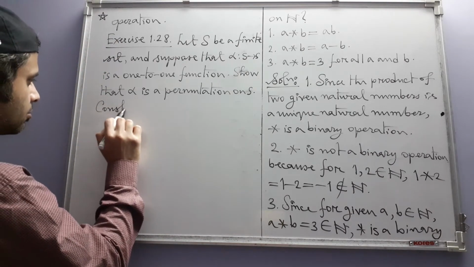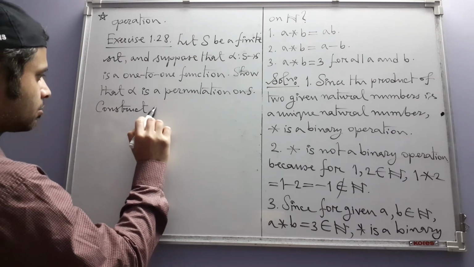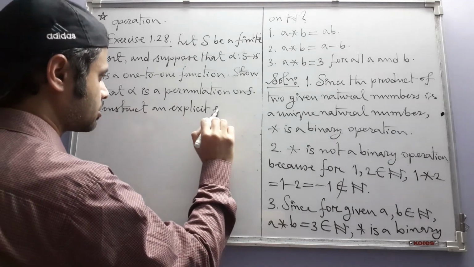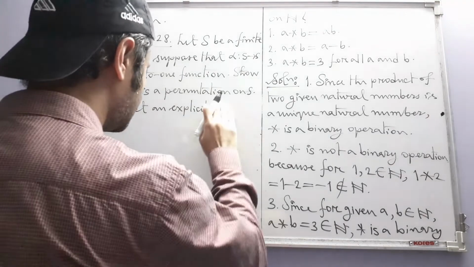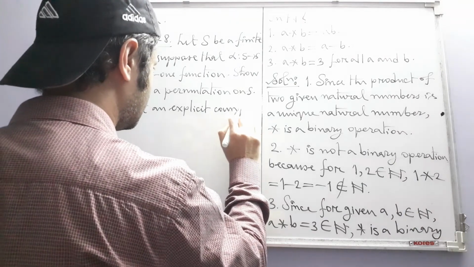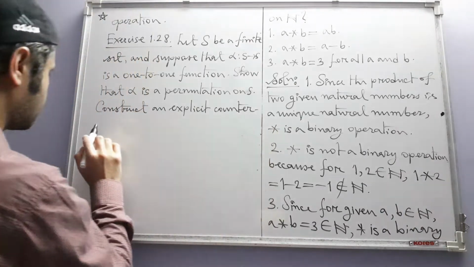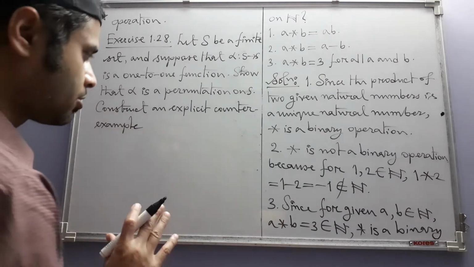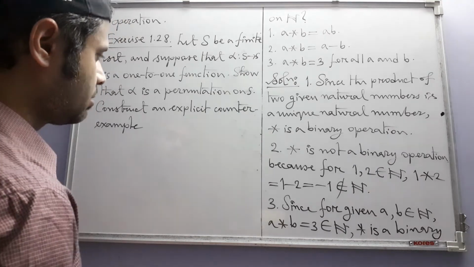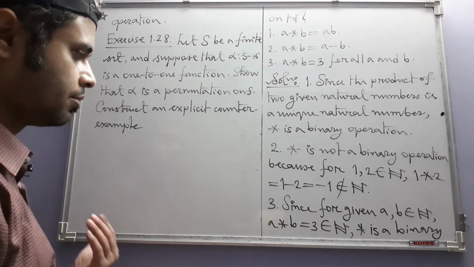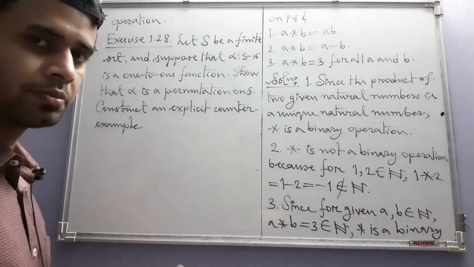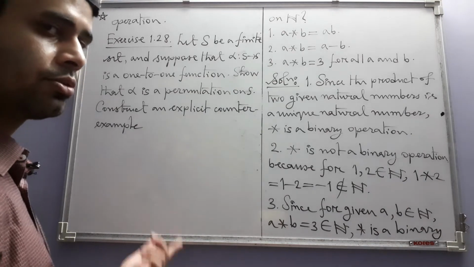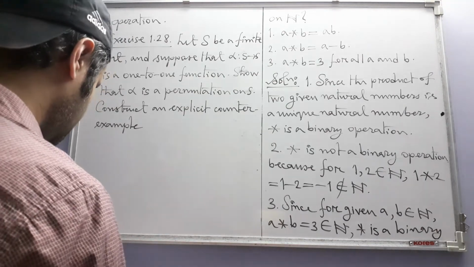Construct an explicit example. Example means counterexample. If you want to show that something is not in general true, the way you show that is by presenting some particular example, that is called a counterexample to that thing which you want to show is not in general true.